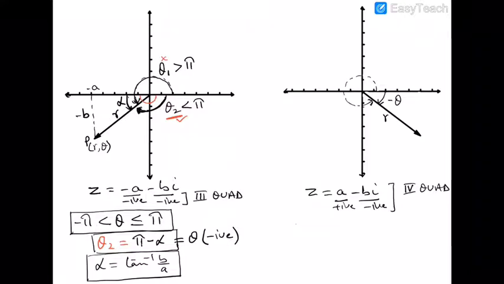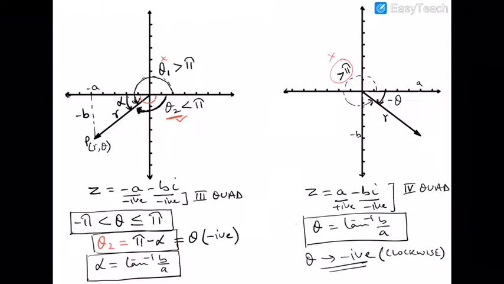The anti-clockwise one is greater than 180 degrees, whereas the clockwise one is less than 180 degrees. So we will consider the one less than 180 degrees because the argument of z falls between negative pi and positive pi. So theta will be tan inverse b over a, and it is negative because of the clockwise direction.